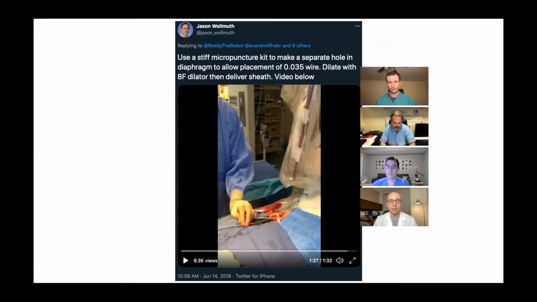The dissemination of this technique has been beyond imagination. One example: let's say Jason put this together and submitted it to a journal for a case report and eventually got published. It wouldn't reach the number of interventionists and practicing cardiologists as it did through social media.